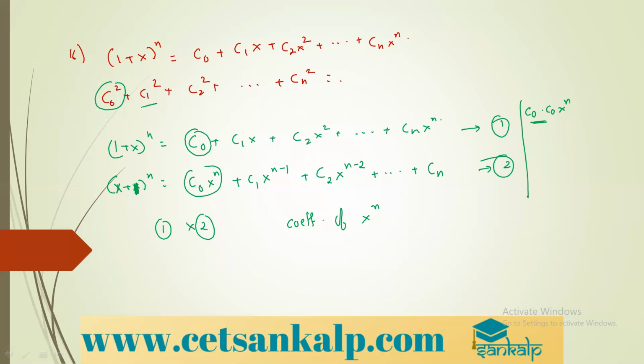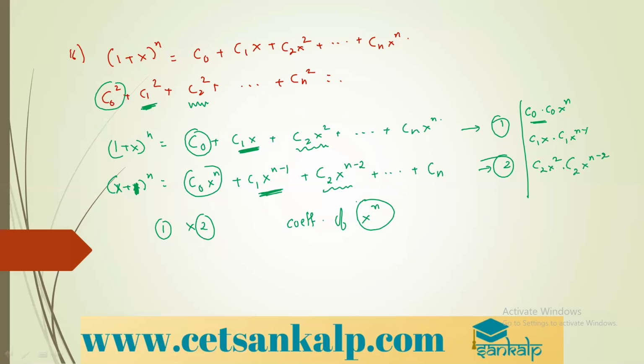If you want, you can check with C1 square. I am multiplying C1 and this. When I multiply C1x and C1 x power n minus 1, here also I am getting the coefficient of x power n only, C1 square. Like that you check 2 or 3. What about C2 square? Multiply these two C2 terms, C2x square and C2 x power n minus 2.